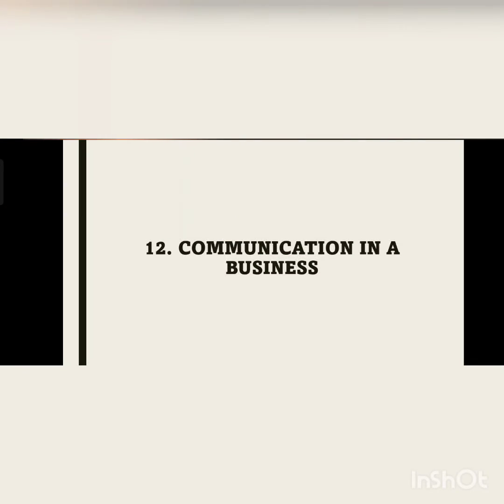Communication in a business, it is very important that you maintain very good communication in your business. So there are four kinds of communication that take place in a business. One is internal upward communication, in which your subordinates convey certain messages to their managers.